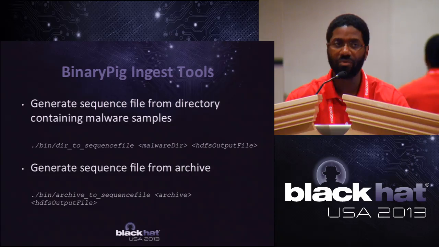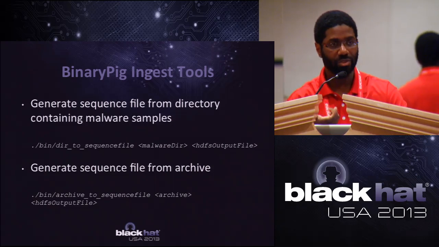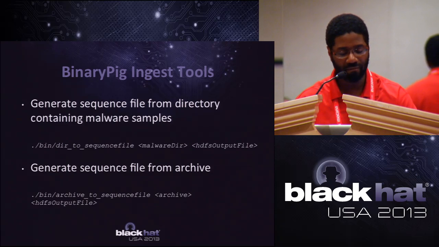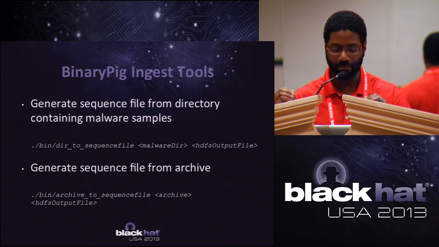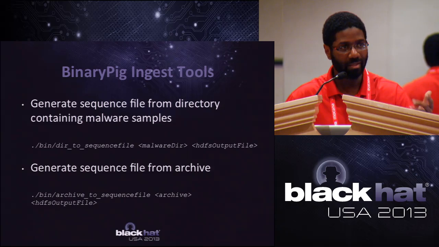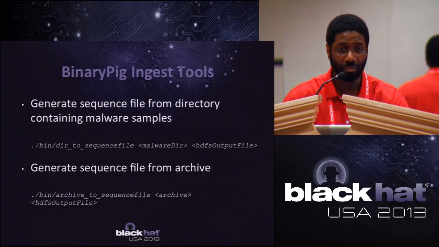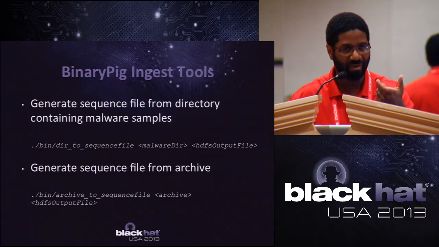Note on the sequence file, for those that aren't familiar with it, it's just a simple data structure. For the key, we make the MD5 of the malware binary, and then the value is the actual binary data itself, right? So that's what we copy up. Then when you run it over Hadoop, it iterates over each line, which is an MD5 and the malware.